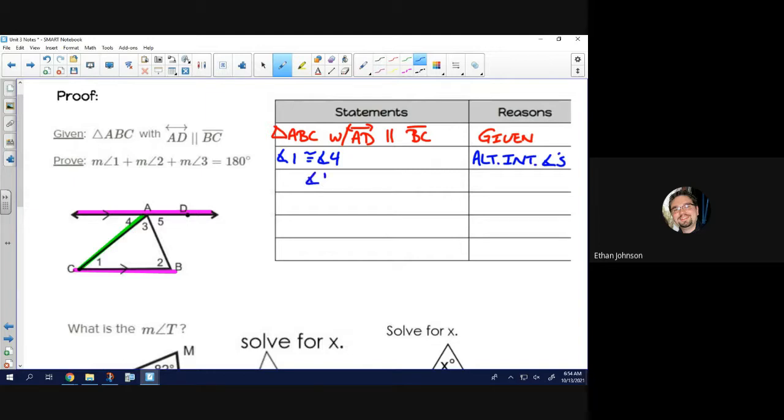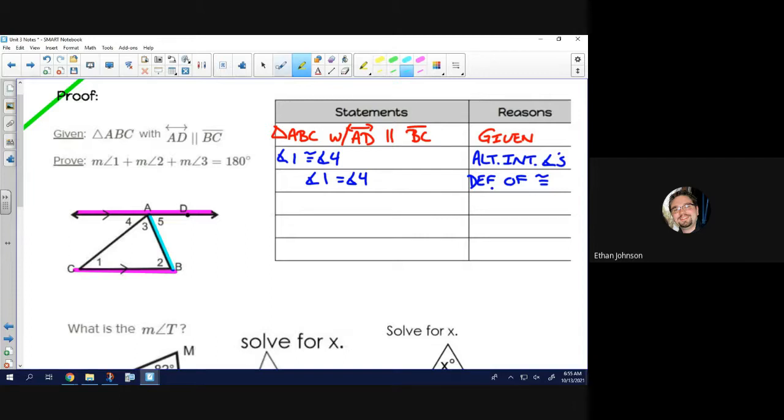I can say angle 1 equals angle 4, because that's the definition of congruence. So that was a transversal. I also have another transversal here.